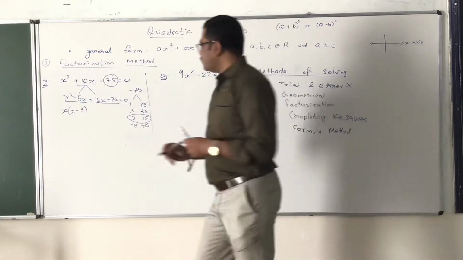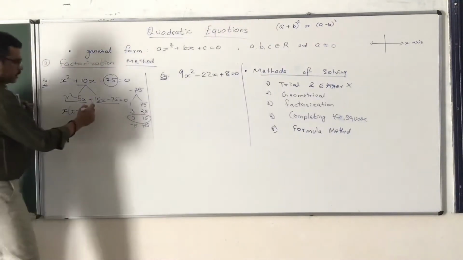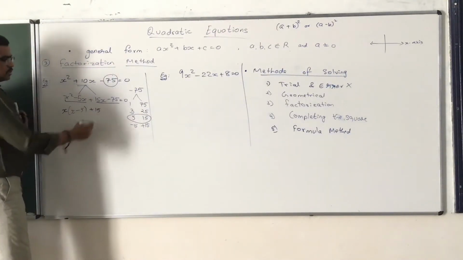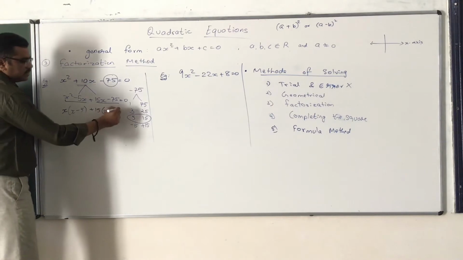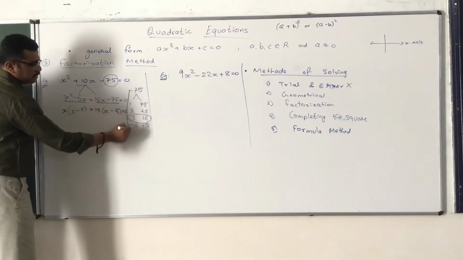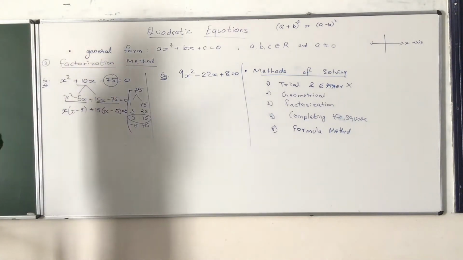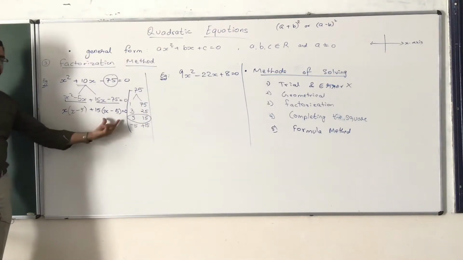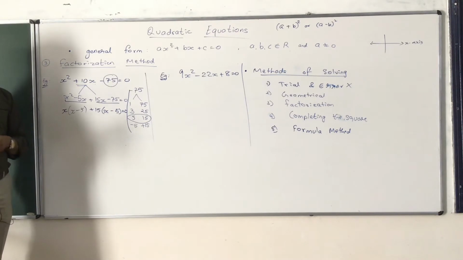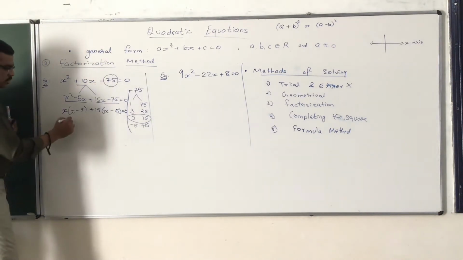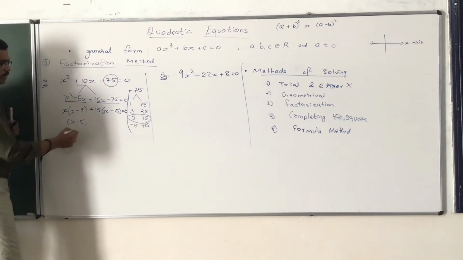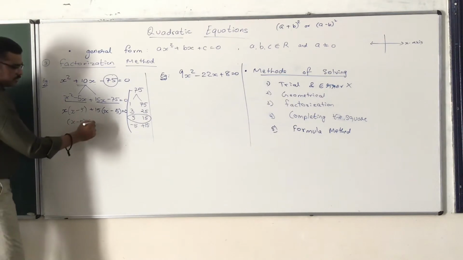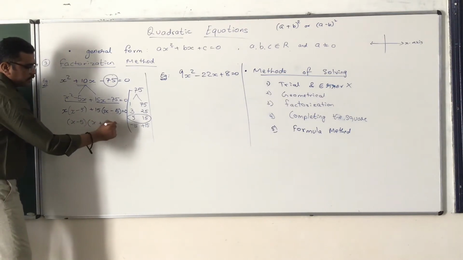In the same way, from the second group, we can take out 15 common and x minus 5 is left in the bracket. And now we have a common bracket of x minus 5, and in the other bracket, we have x plus 15 equals to 0.